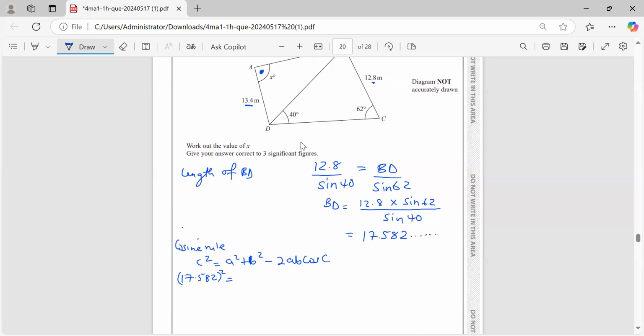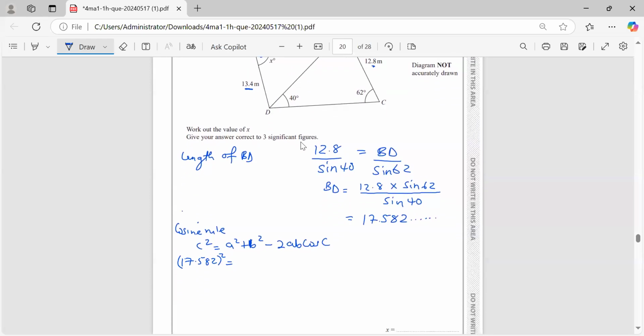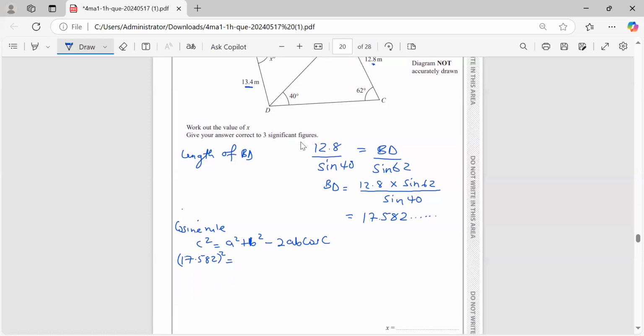So we have 15.2 squared plus 13.4 squared, minus 2, my A is 15.2, my B is 13.4, cos C, which is the X that I actually want to find there. So I'll just say cos X, isn't it?